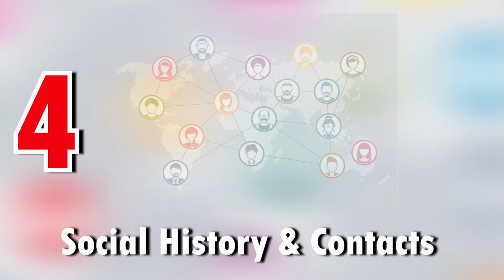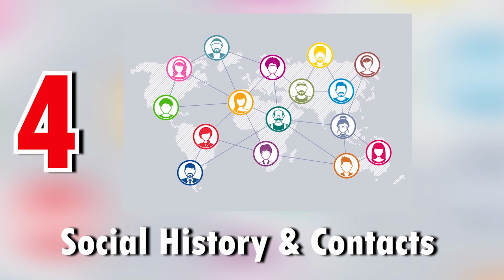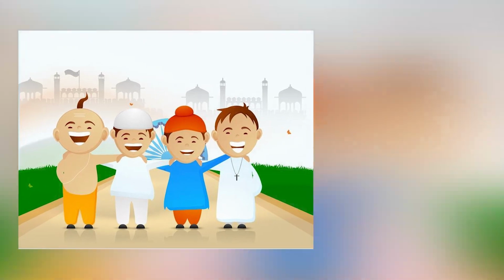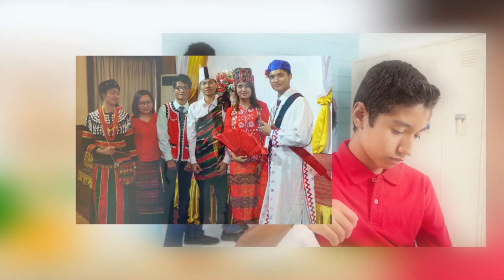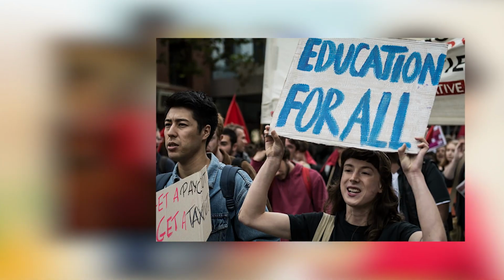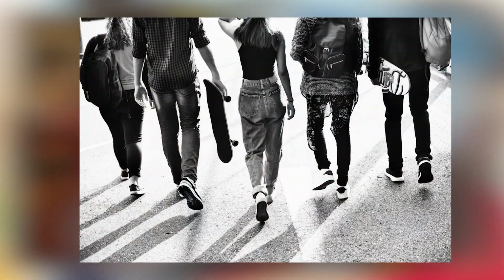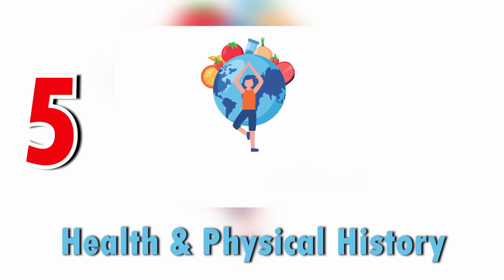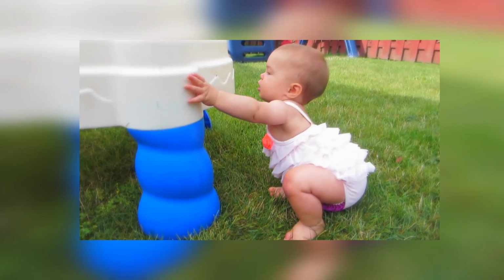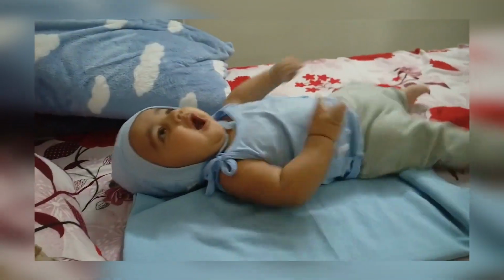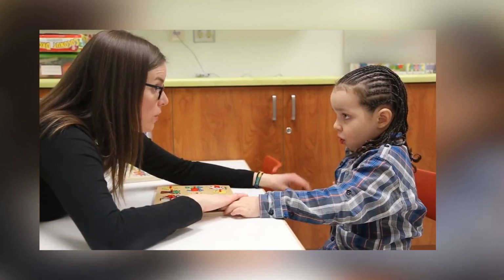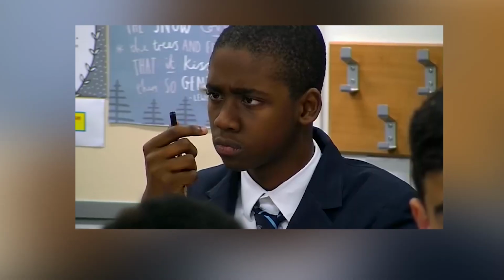The fourth type of data is the social history and conduct, which includes religious background, participation in social, cultural, religious, political activities, and gang affiliation. The fifth data to be collected is health and physical history, such as age of walking, talking, physical defects like sense organ deficiencies, speech defects, illness.